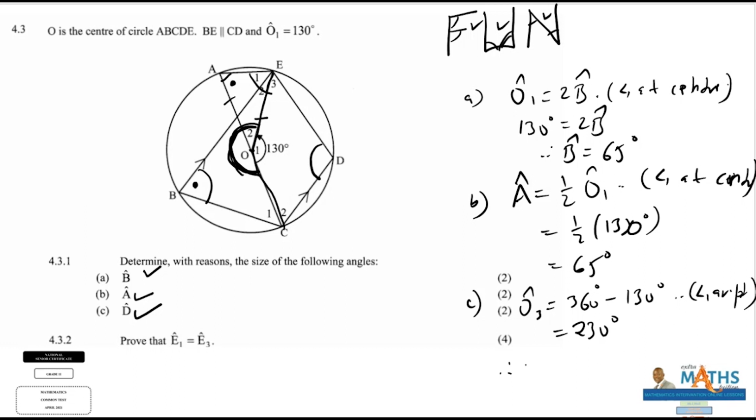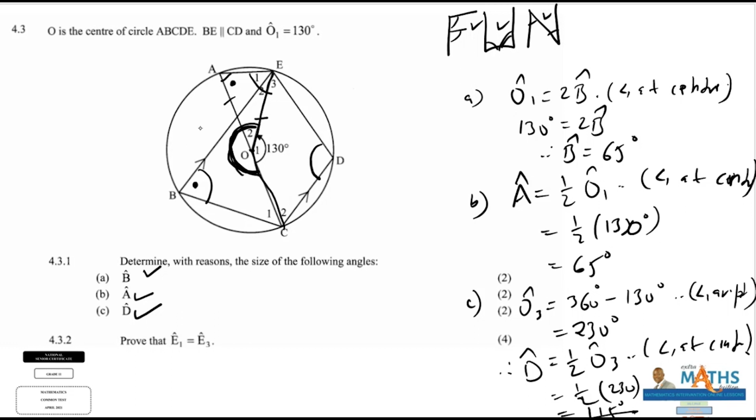Then angle D is equal to half angle O3, angle at center. What is angle O3? It's 230. It means angle D will be 115 degrees.